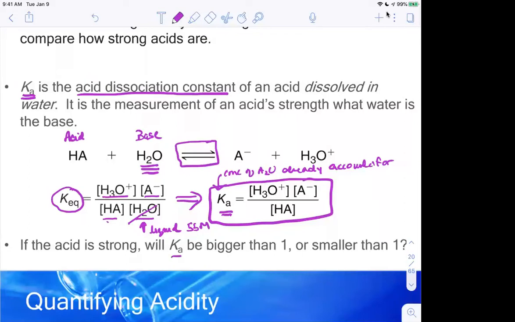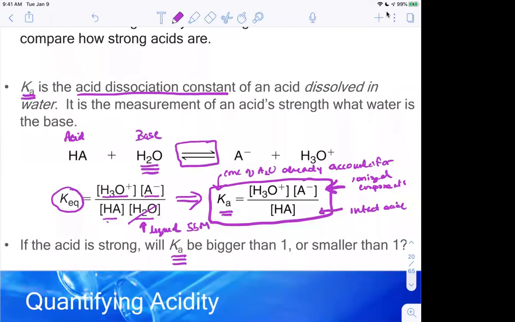So we are going to compare Ka values in order to assess strength of acids. Think about this. These are my ionized components, and that's the numerator. This is my intact acid, and that's my denominator.